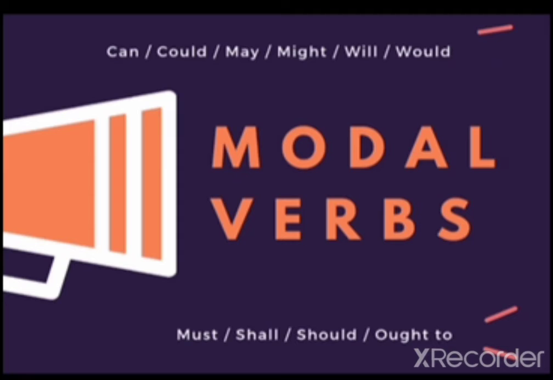Can is used to ask informal permission that we can use with our friends, our youngers, etc. Could you please let me open? That is a very polite way of asking permission. So with the situation and also with the people, we can use these three different modal verbs to ask permission.